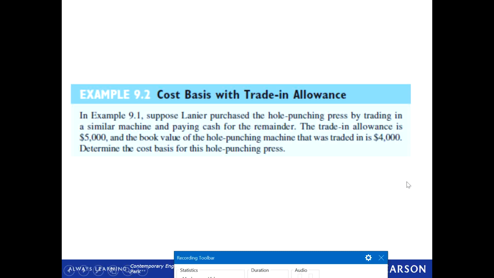Similarly, example 9.2 changes a little, where we have a trade-in allowance. What is a trade-in allowance? Just to explain, trade-in means that when you purchase a new car by giving an old car, they may give you some discount.